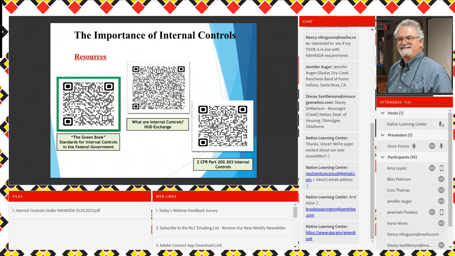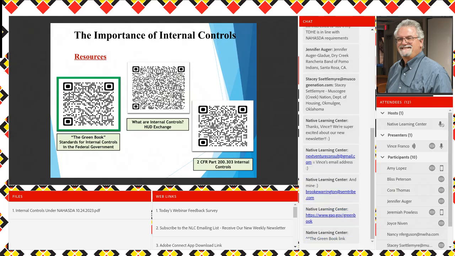So if you want to dig deep and get a better understanding on a bigger picture level, on a global level, of where internal controls come in and how the federal government looks at them and why they're so important to the feds, I recommend that you use the QR code or just Google the OMB's Green Book. The full name is Standards for Internal Control in the Federal Government.